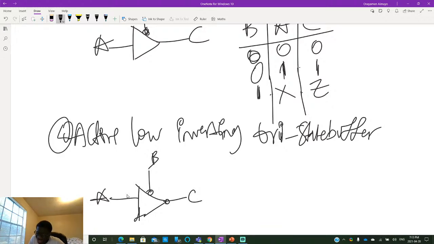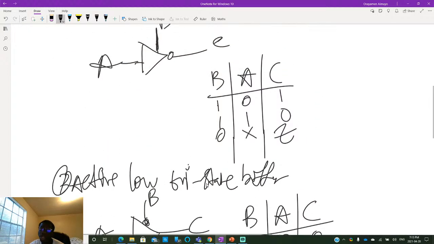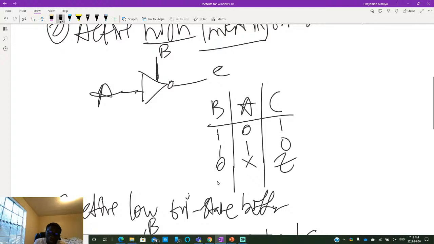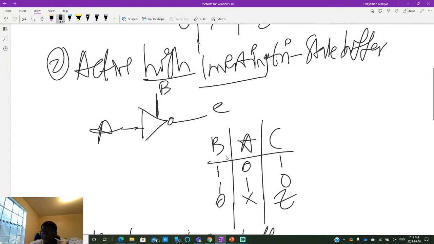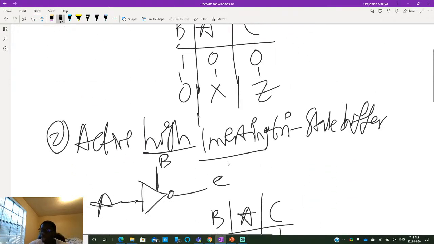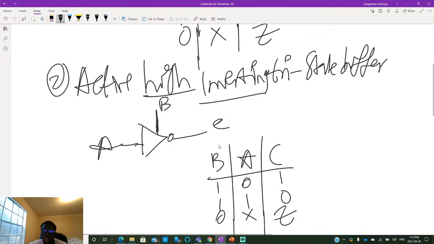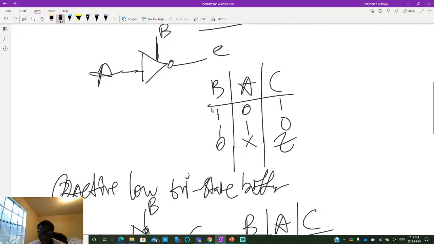So the tri-state buffer, or a combination of tri-state buffers, can give you the AND and the OR function. Well, for the NOT, we basically know that this is what we have here.